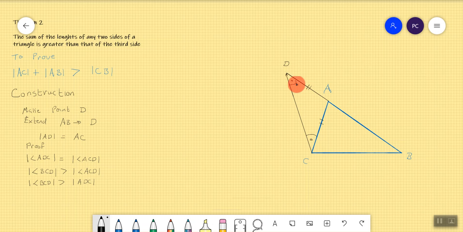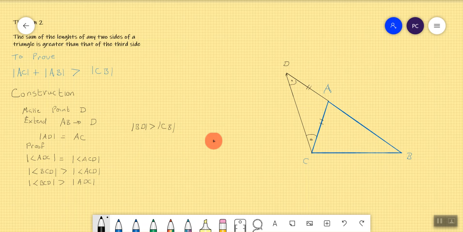So if we take the length B to D, we can see that it's bigger than this bottom length here. So B to D is bigger than B to C.